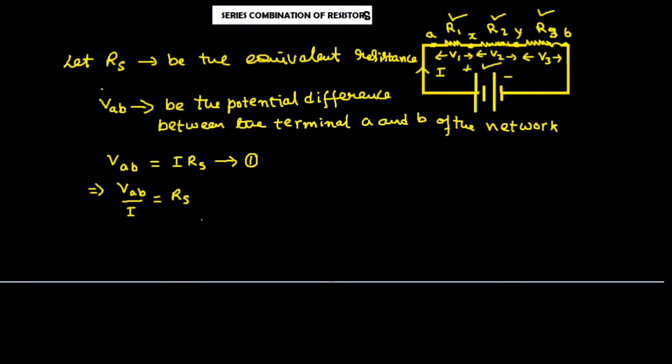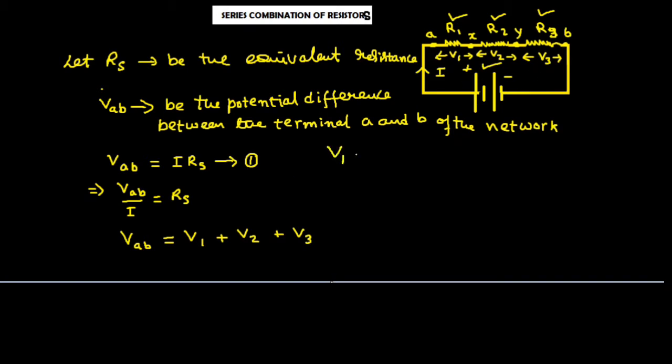Also, from this figure, the potential difference between the terminals A and B can be written as VAB equal to V1 plus V2 plus V3. Since this current I passes through R1, it also passes through R2 and R3.